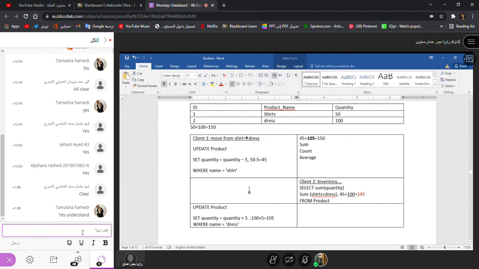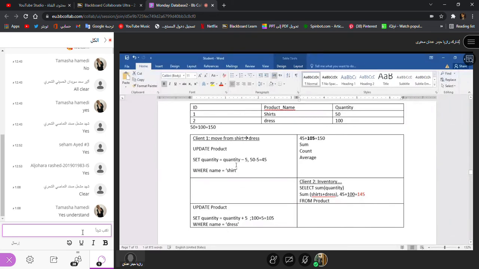So this all, and then sequence is important again. It was not finished yet. Transaction 1, transaction 2 came, and it does the sum quantity, meaning the addition of all shirts and dresses from the product. And then this one, update the product, set quantity plus 5, where name is the dress.